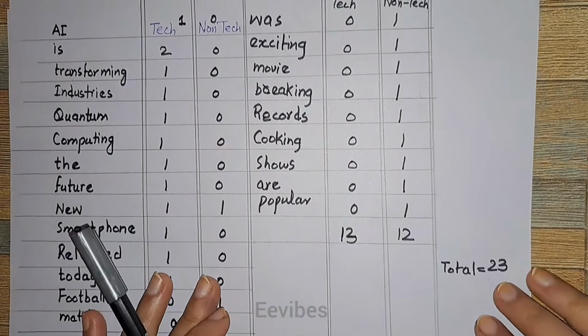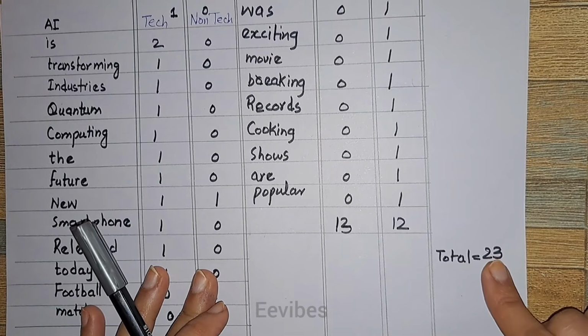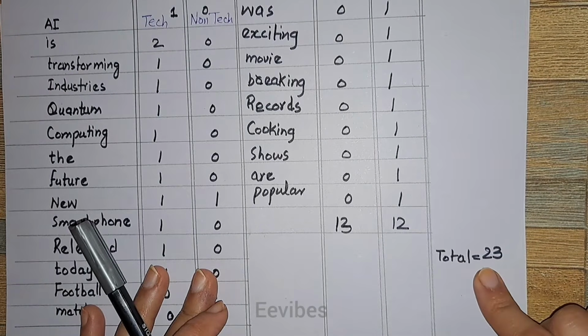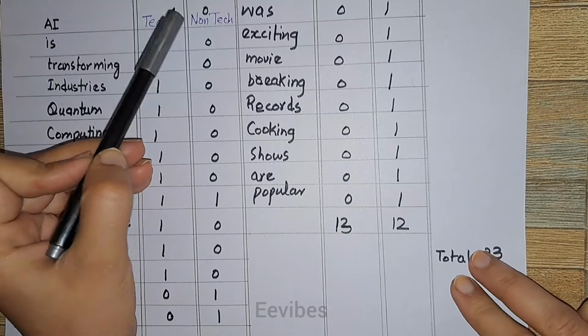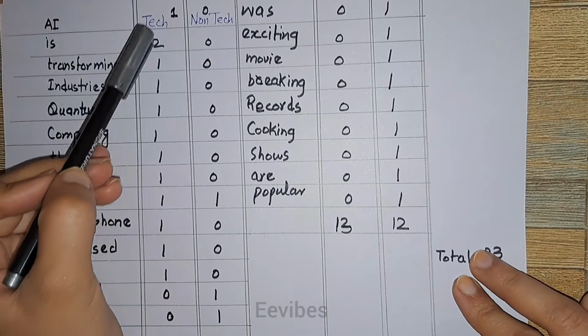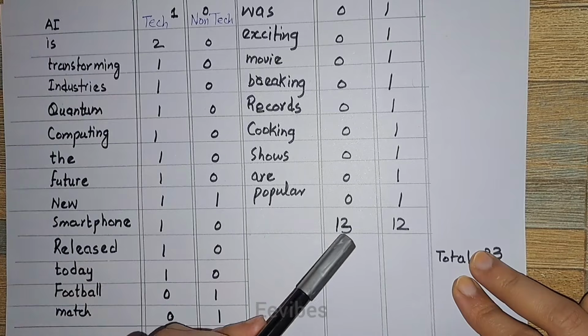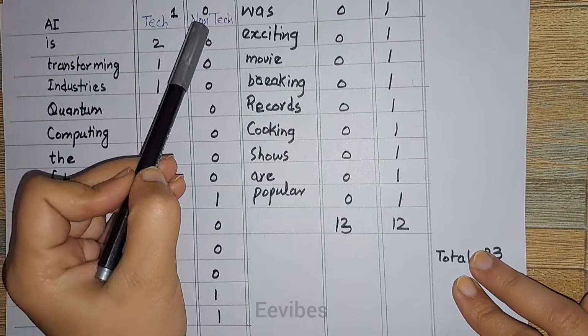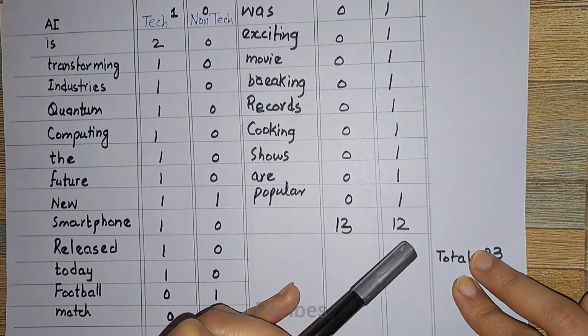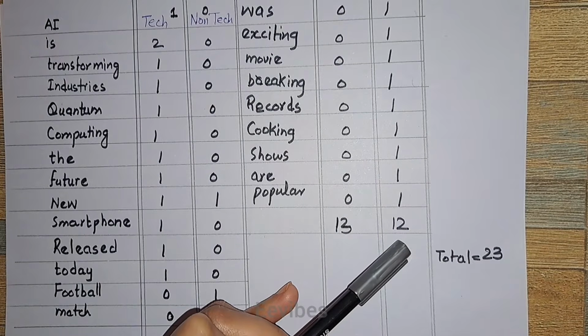The total number of words in the vocabulary set is 23. If you count the tech words, that is 1 plus 2 plus 3, and so on, it gives us 13, while the non-tech word count is 12.